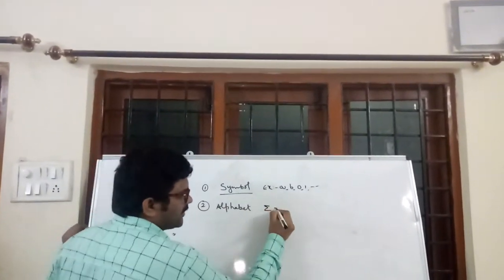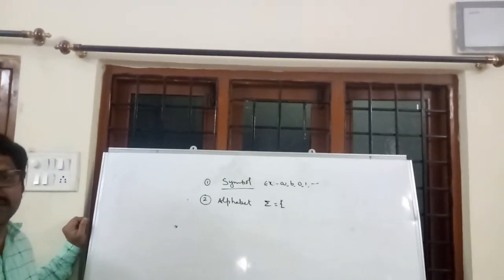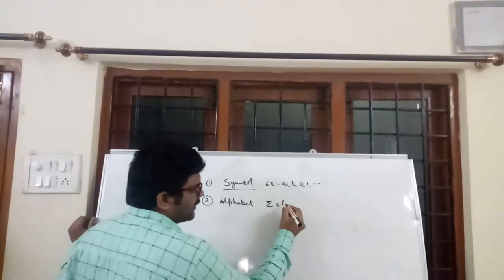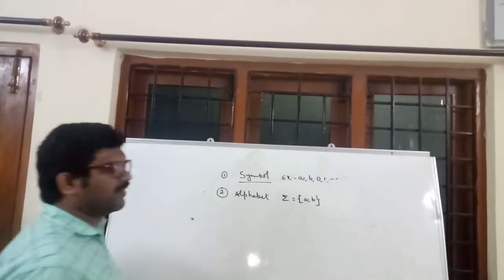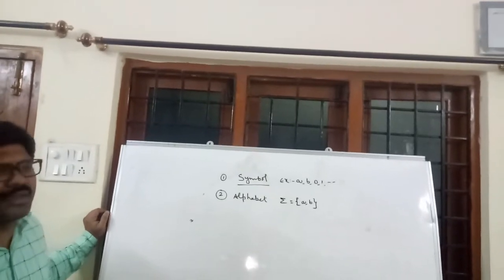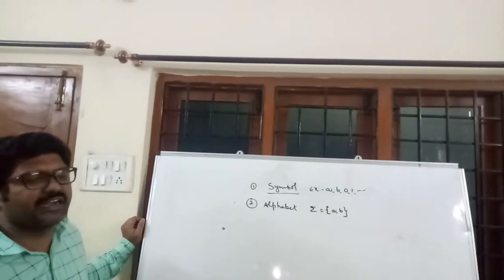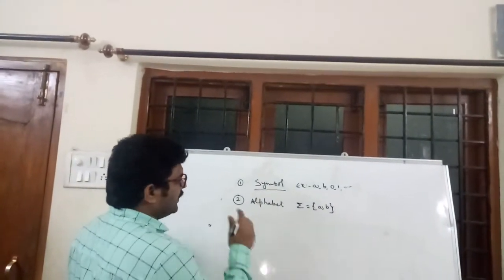So let us say I am taking symbols A, B, and if you write them in a set, this becomes my alphabet. It may be any combination of symbols, but generally it is a finite set of symbols.